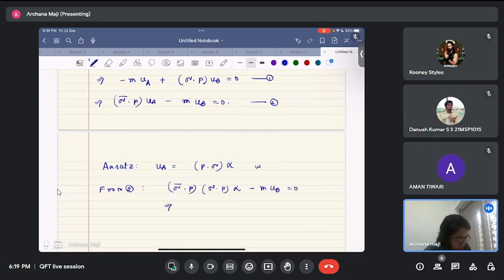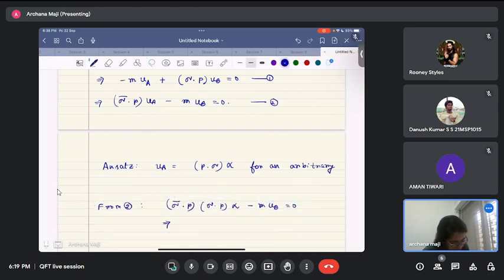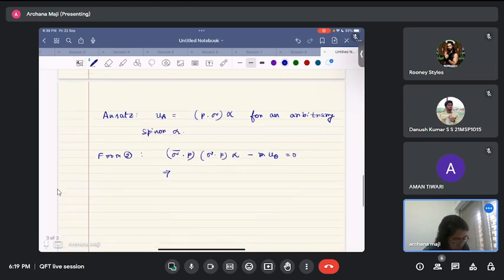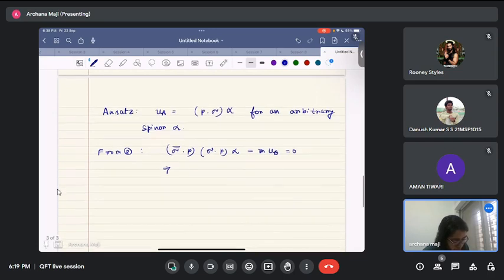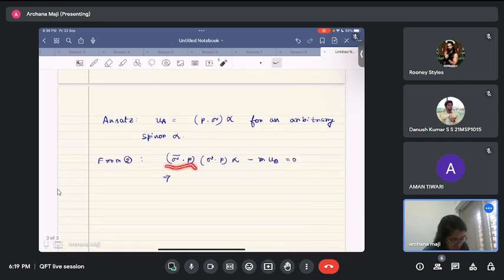For an arbitrary spinor alpha, we derived last time that this is nothing but m squared, so m squared alpha minus m ub equal to 0, so we get ub equal to m times alpha.